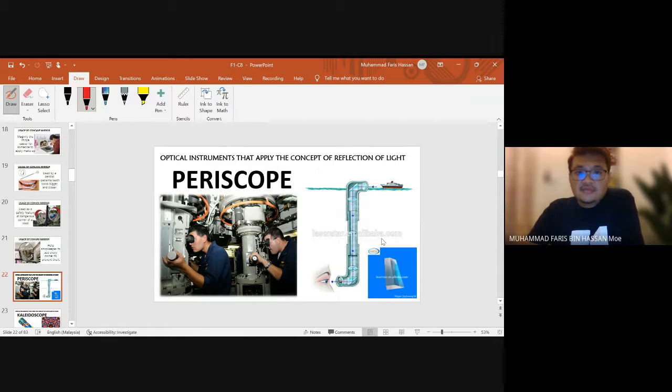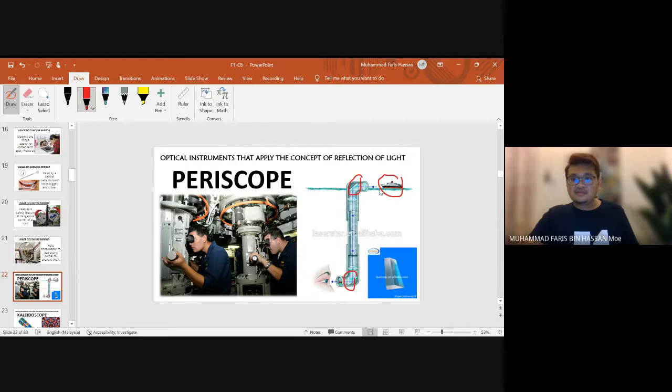And this is the application of the concept of reflection of light to certain optical instruments such as the periscope. The periscope uses the concept of reflection of light. This is a plane mirror, so it will reflect the light from the object.